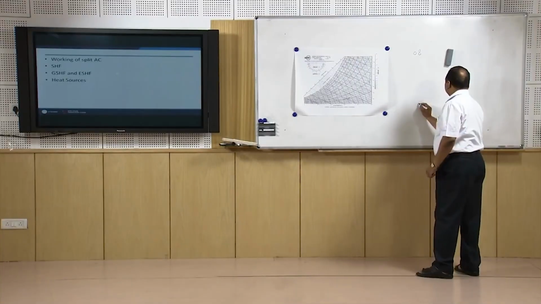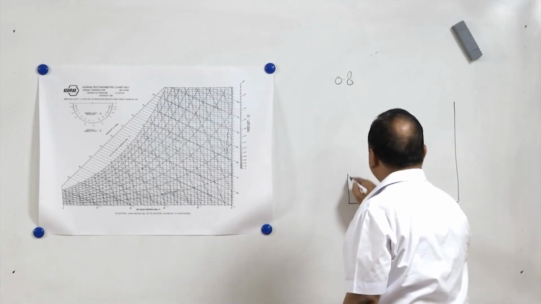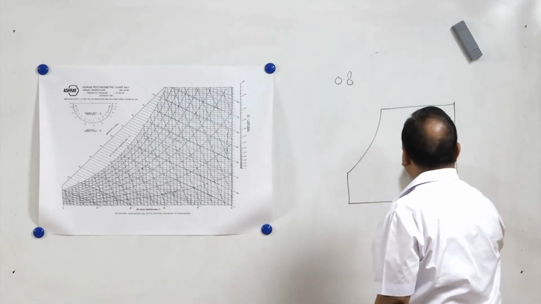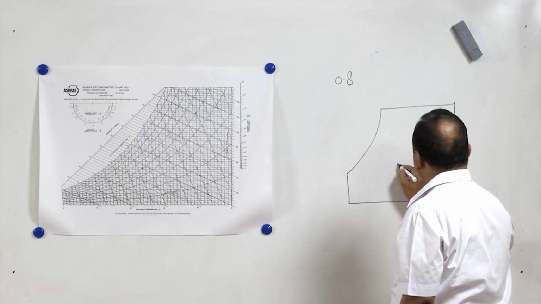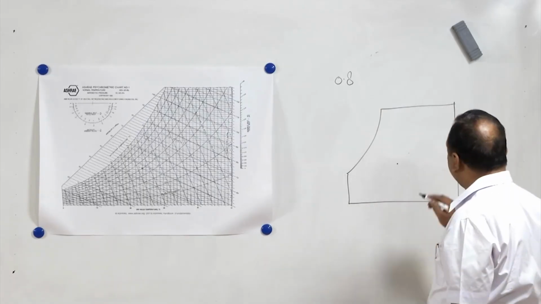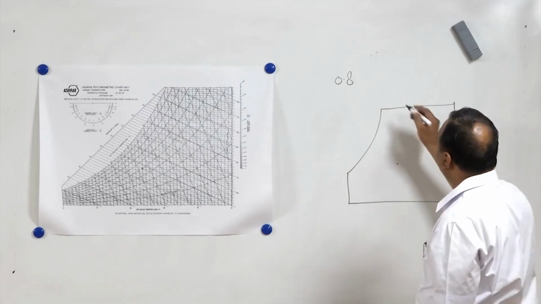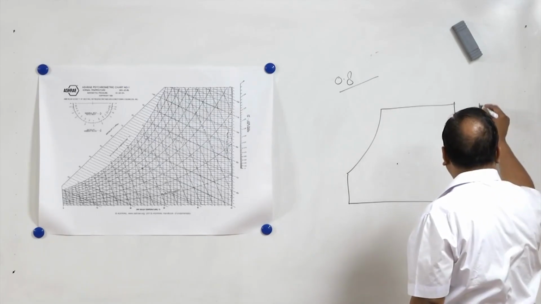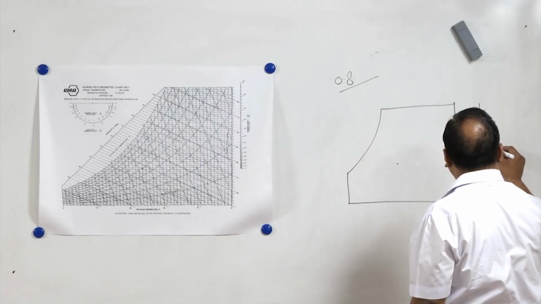So here on a psychometric chart, if I want to show a constant sensible heat factor line, suppose this is our room air condition. If I want a sensible heat factor line of 0.8, let us say, I will pick the mark corresponding to 0.8.